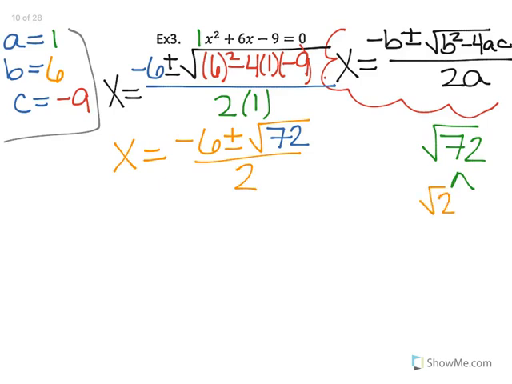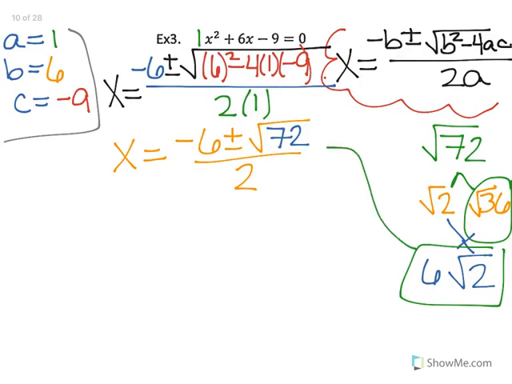Okay, because between 2 and 36, 36 is a perfect square, and that's definitely going to be the largest perfect square that exists as a factor of 72. So, the square root of 36 becomes 6, and radical 2 can't be simplified, so it's written as radical 2.